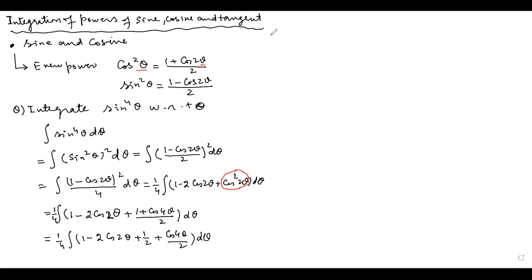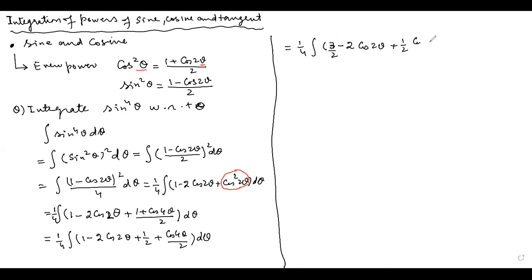The integral of d theta is equal to 1 over 4 times 1 minus, so 1 and 1 over 2, 3 by 2. 3 by 2 minus 2 cos 2 theta plus 1 over 2 cos 4 theta d theta. This one and 1 over 2 can be simplified to 3 by 2.